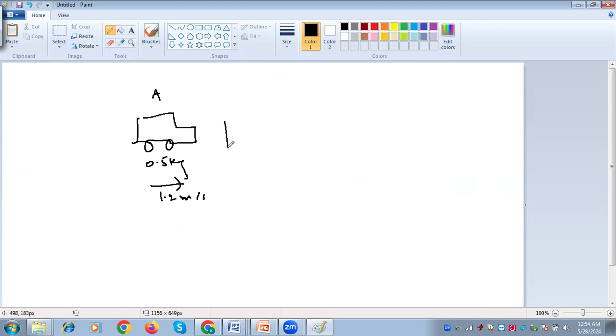This is truck B, which is heavier. Its mass is 1.5 kg. After collision, what is happening? They join. It means they get stuck with each other and move like one body, like this.